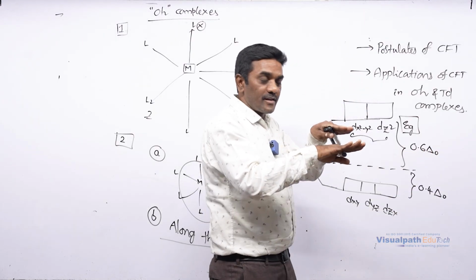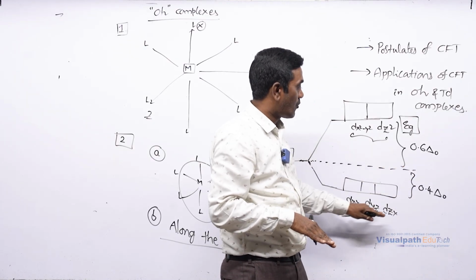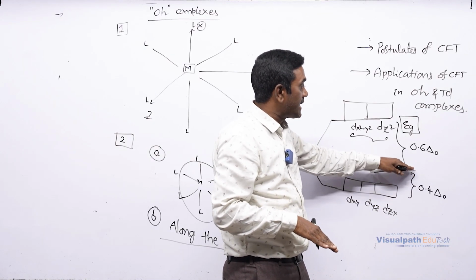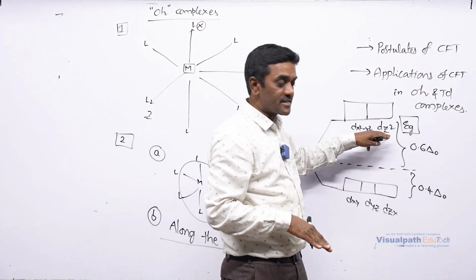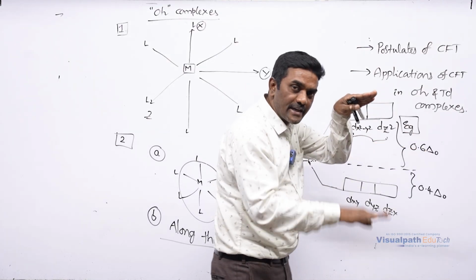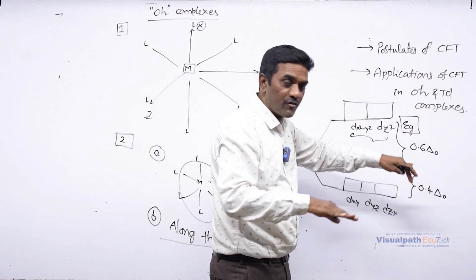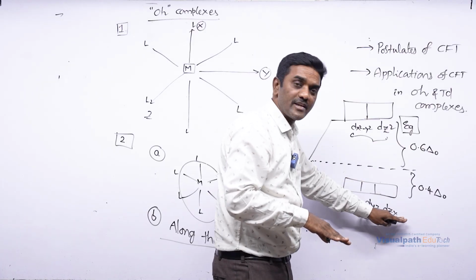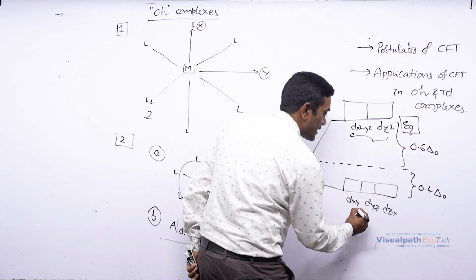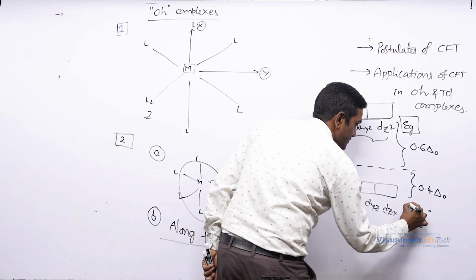That means the energy of the lower set is reduced by 0.4 delta naught, and the energy of the upper set is increased by 0.6 delta naught. It is increased due to repulsions and reduced, and the splitting happens exactly from the barycenter. The barycenter has zero energy, the one above has high energy, and the one below has low energy. And these three orbitals we are going to call t2g.